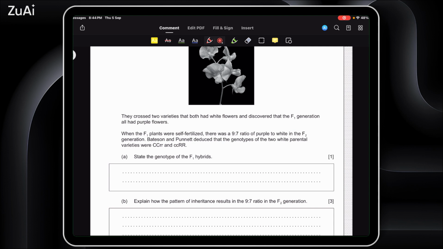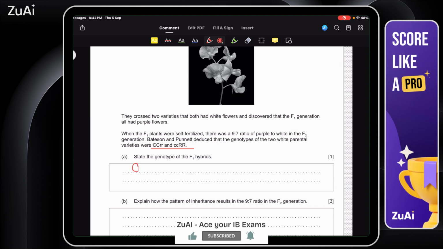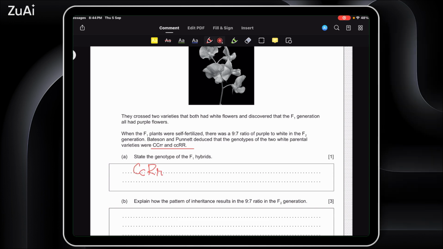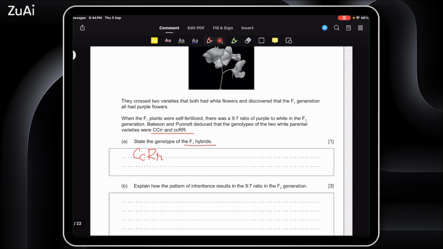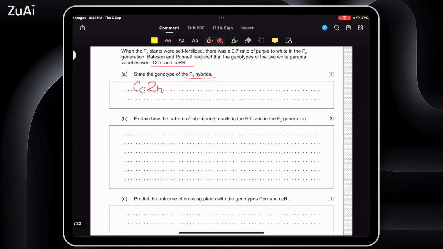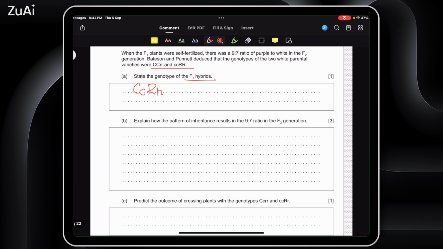So it should be capital C, small c, capital R, small r, because it is the F1 hybrid. Yeah, that is the answer.